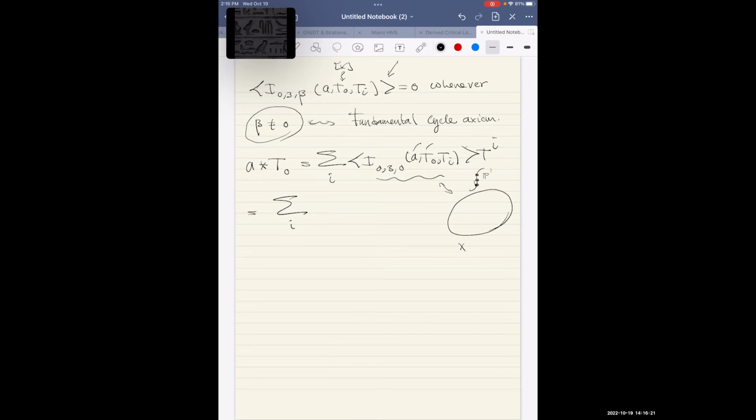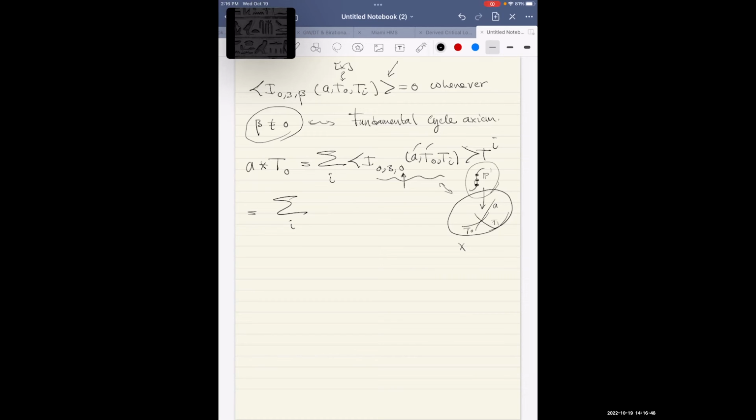But the curve class has to be 0 for this invariant not to vanish. So this map is a constant map. It takes all of this into a point. This picture is being mapped to a point. Where should that point be? That's clearly the intersection of the 3 things, A, T_0 and T_i.